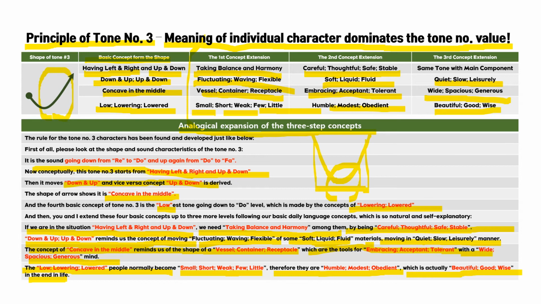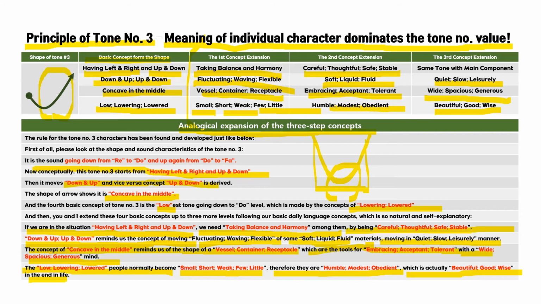So we can derive these conceptual values from the shape of tone number 3, these four major key basic concepts. If a Chinese character has one or two or even more conceptual values in this table, that character will have the tone number 3 value.